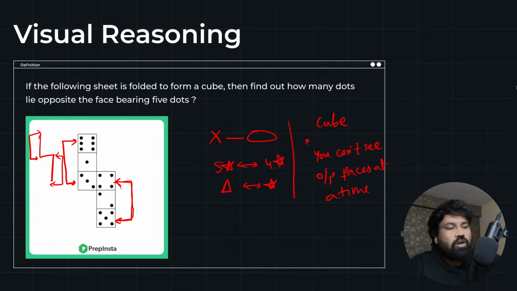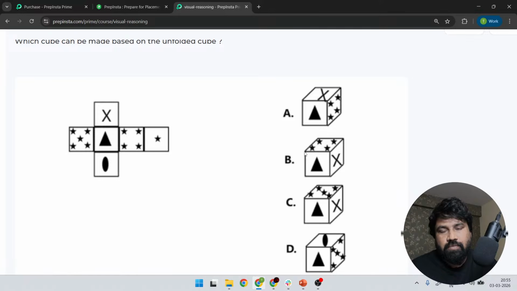So based on this simple approach, you can't see opposite faces at a time in an isometric view. So here, just look at here. 4 star is there and triangle is there and X is there.